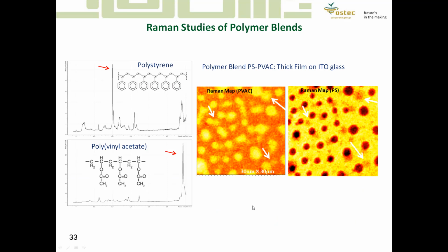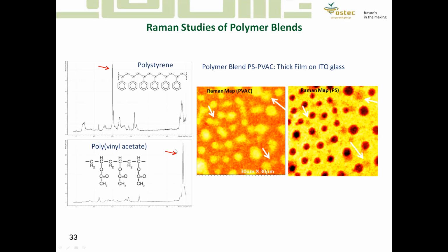Another example is identifying materials. So we can get information about what type of polymer is on the surface. Here we use a polymer blend of polystyrene and polyvinyl acetate, and they have quite different Raman spectra. The top one is for polystyrene and the bottom one is polyvinyl acetate.